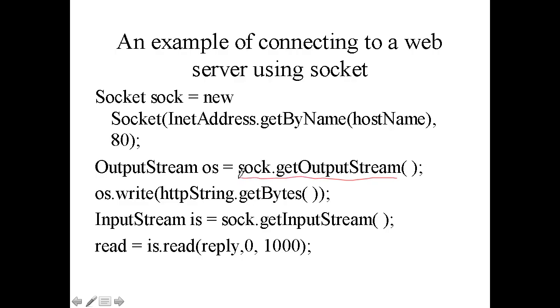And here we're using the get output stream method and get input stream method, and you can write data to the output stream. Perhaps some string can be converted to bytes, and then you can get some sort of a reply using this read method, which will tell you how many bytes were read, and will read the bytes directly into the buffer called reply.